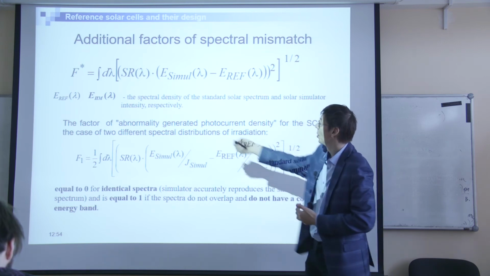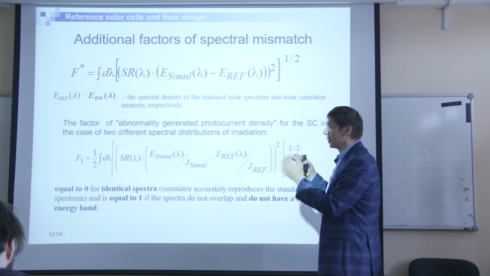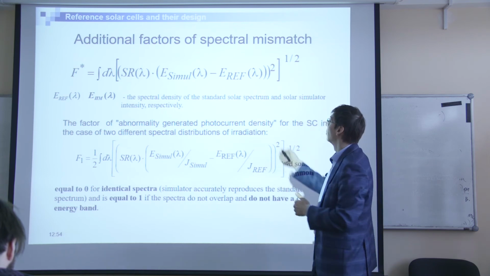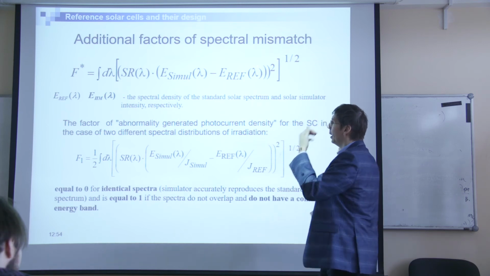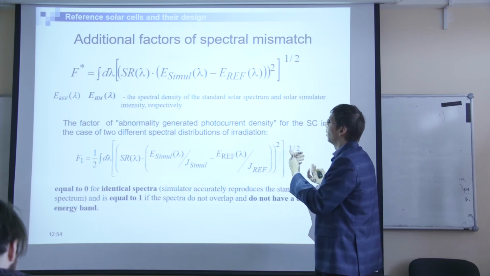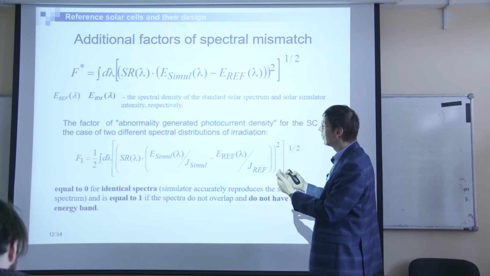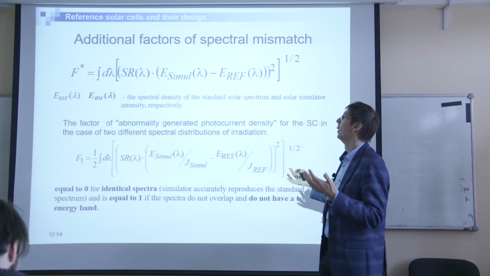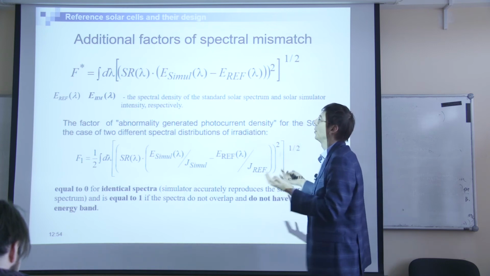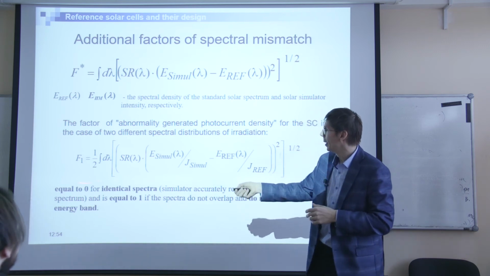In this range of sensitivity of silicon, for example, the difference is quite small, so we would have quite a small value here. And in the range where the difference is significant, the spectral response is 0. So in this case, this parameter would be quite low. There is another way to present it.